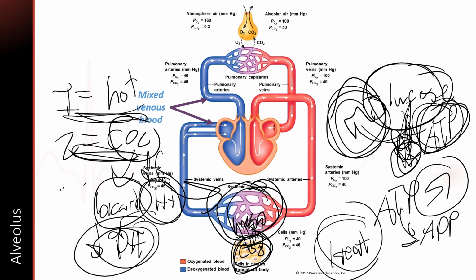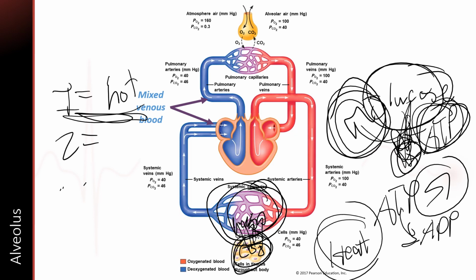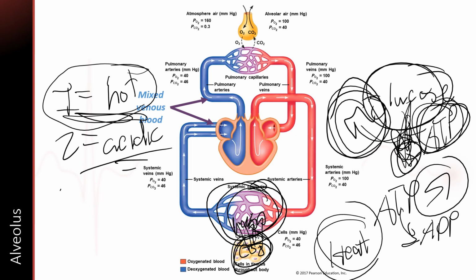So I think it should be pretty clear. The more CO2 that you have in your bloodstream, the more bicarbonate and hydrogen ions you have in the bloodstream, and the more acidic your bloodstream is. So the correct way of saying this actually is that when you engage in physical activity, one, you get hot, and two, your body begins to become acidic.